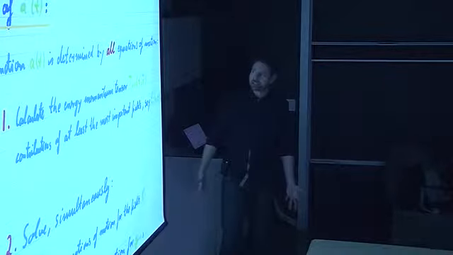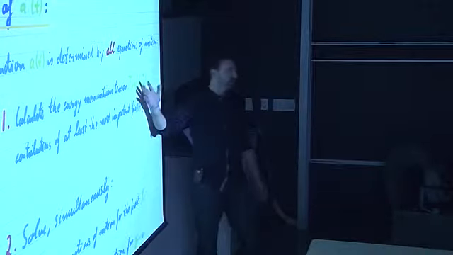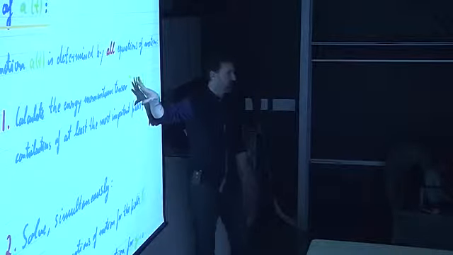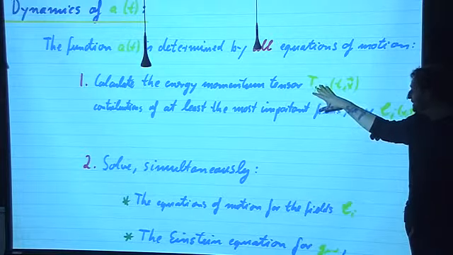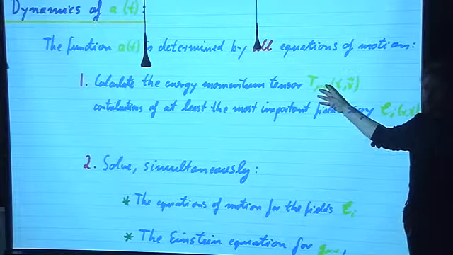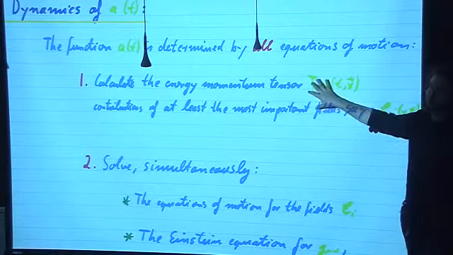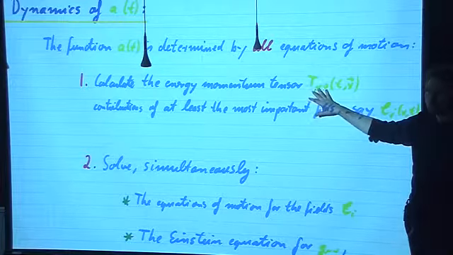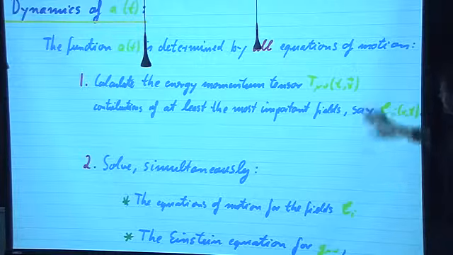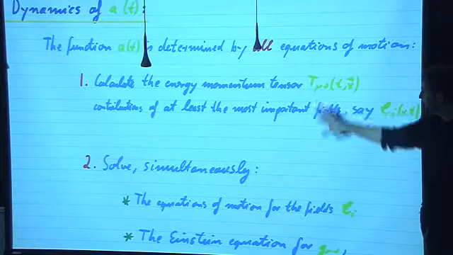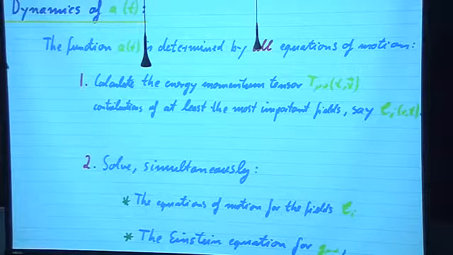And in practice, this is not feasible. We will do that for the fields that we consider most important for cosmology. And as it happens, we are lucky. Apparently, a scalar field was most important in the early universe cosmology. And so we will get away with considering the energy momentum tensor of a scalar field, the inflaton field.